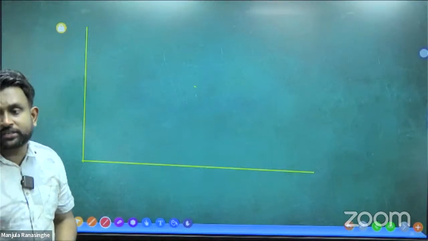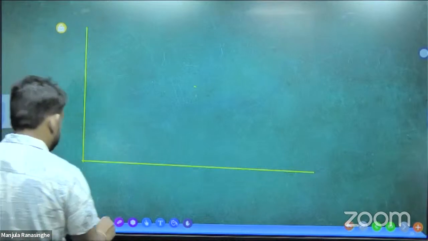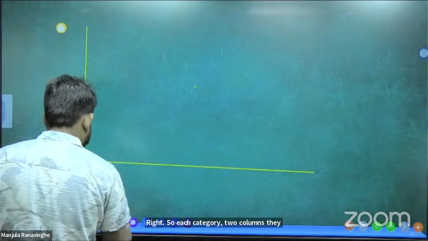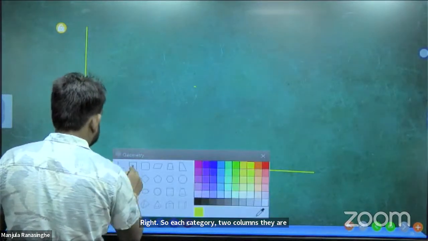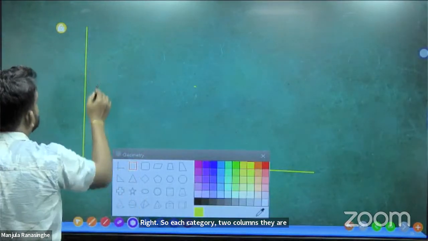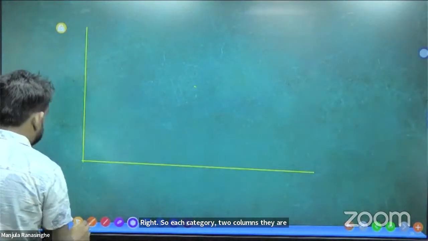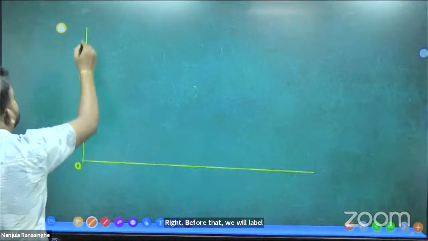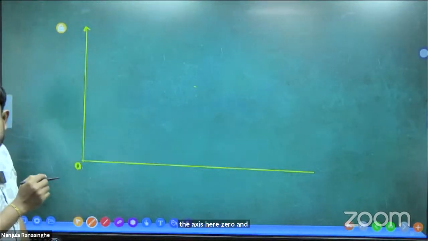Right, so each category has 2 columns. Before that, we will label the axis: here 0, and here we have a maximum of 60.